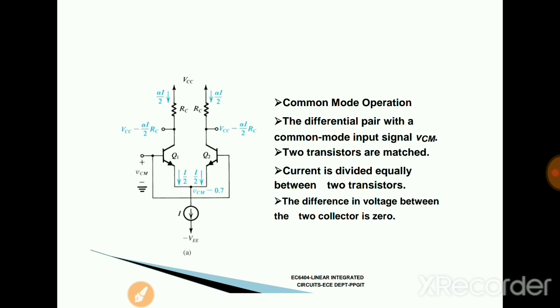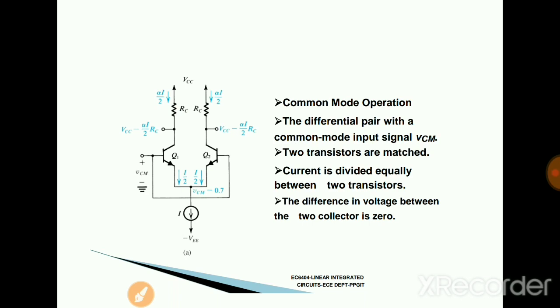Interference is nothing but collision of signals. Because of the interference, the output signal will be distorted and we will get some unwanted signal as output, which is called an error signal. So we have to avoid this common mode signal. This common mode signal can be avoided by using CMRR, which is nothing but the common mode rejection ratio.